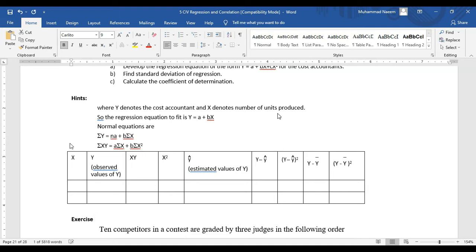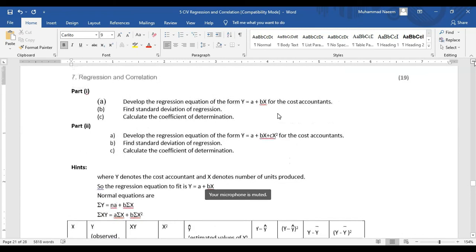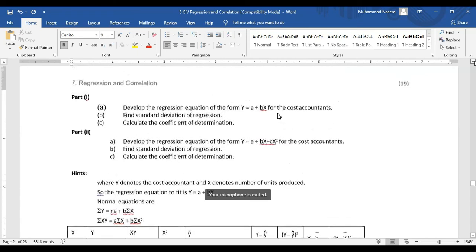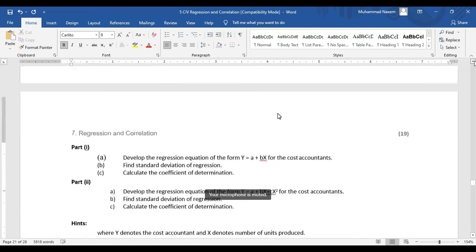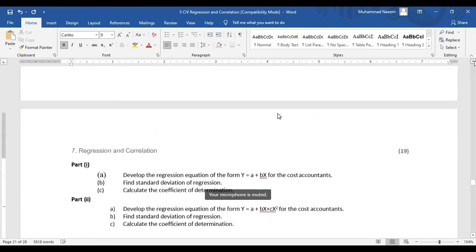This one is exercise 2 for the assignment. And this one.